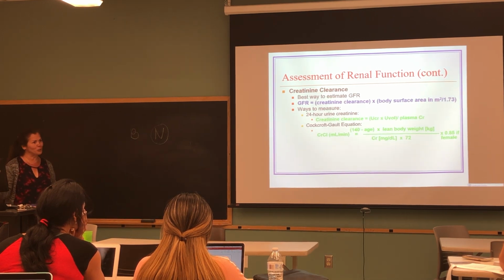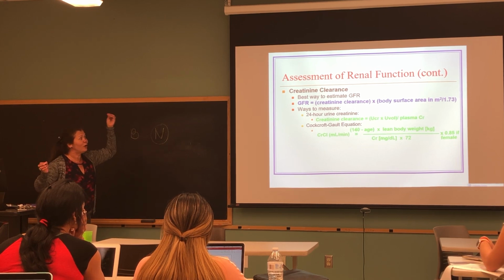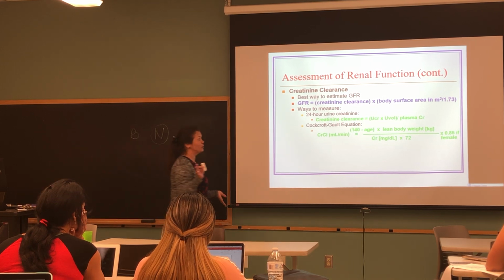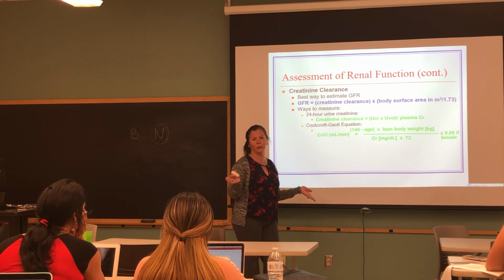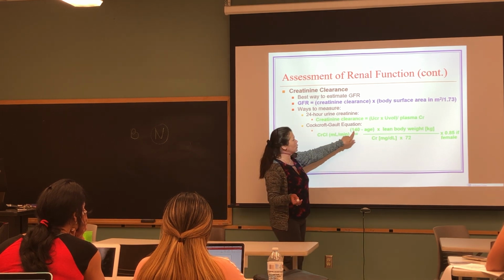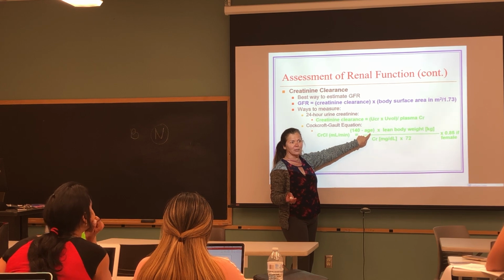Then we present to you the Cockcroft-Gault equation, okay? We used to put it in exams to calculate it, but we don't do it anymore. Why? Because it's coming already in the laboratory test, okay? But I want you to look that age is the factor, and why?